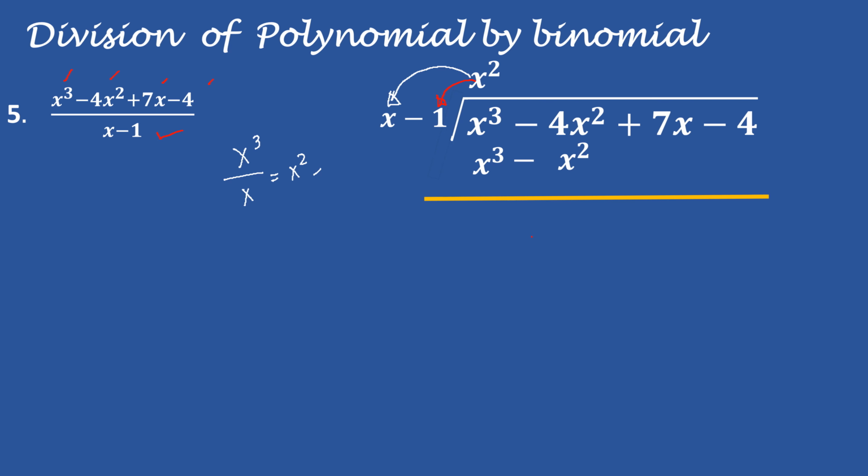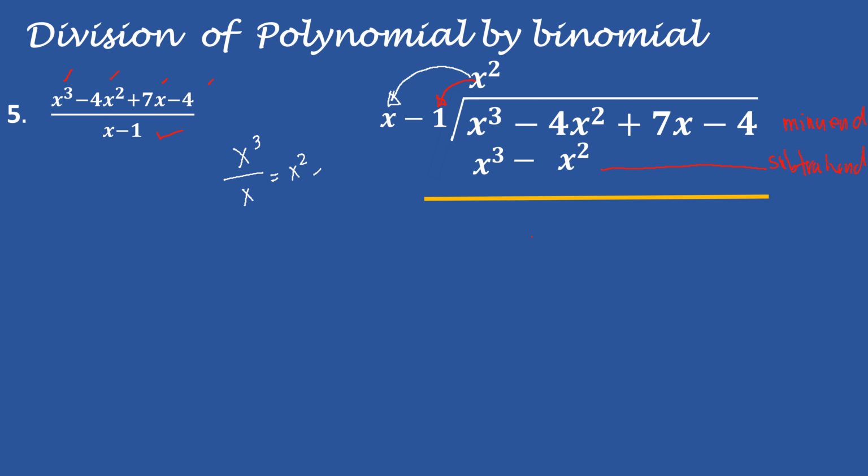The next step is to subtract them. When we say subtract, remember the law of subtraction of polynomials: we simply change the sign of the subtrahend. Remember, this is our minuend, and this part is our subtrahend.